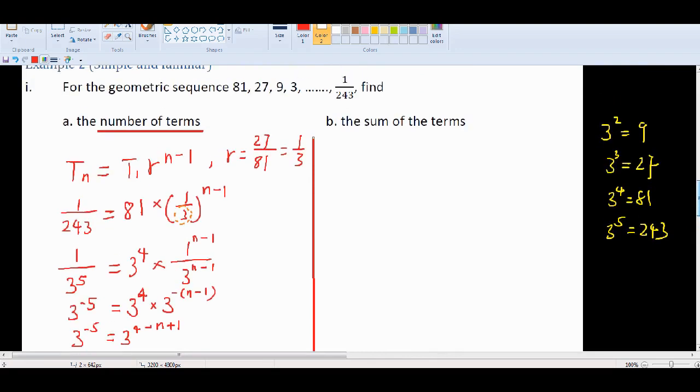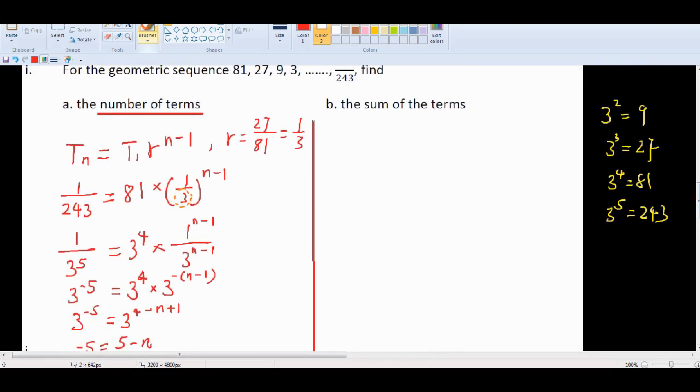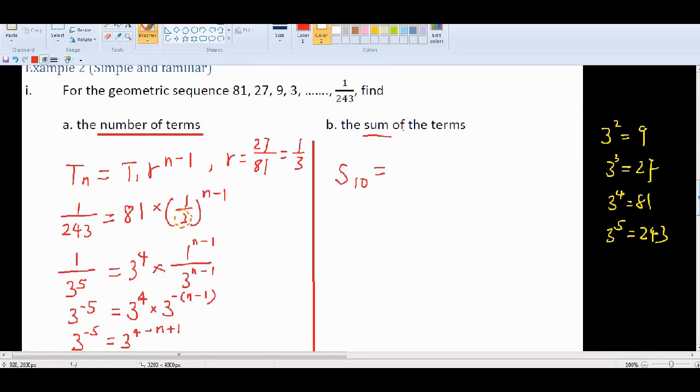So how about the sum of the terms? You need to find the sum. Sum means a series, right? So there are 10 terms, okay? And you are going to do first term 81 times 1 over 3.